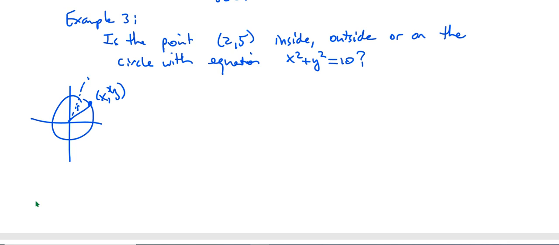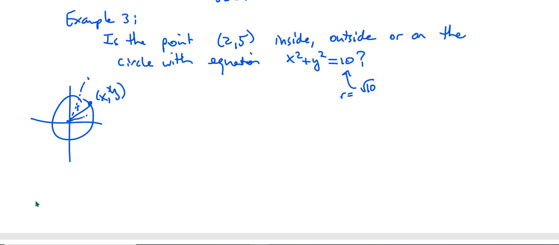And if the point is inside the circle, then the distance from the center to that point is smaller than the radius. I know that the radius of this circle is the square root of 10. I want to know if the distance from my point to the origin is longer than the square root of 10, shorter, or equal. That's going to tell me if it's inside, outside, or on the circle.